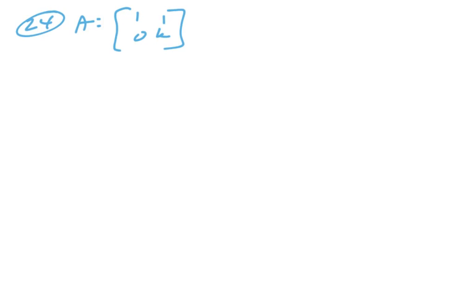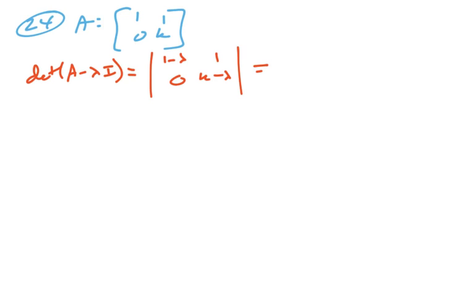So you start off, and you're going to need eigenvalues, right? So we're going to take the determinant of A minus lambda I. In this one, that would look like [[1 minus lambda, 1], [0, k minus lambda]], and we're setting that equal to 0.